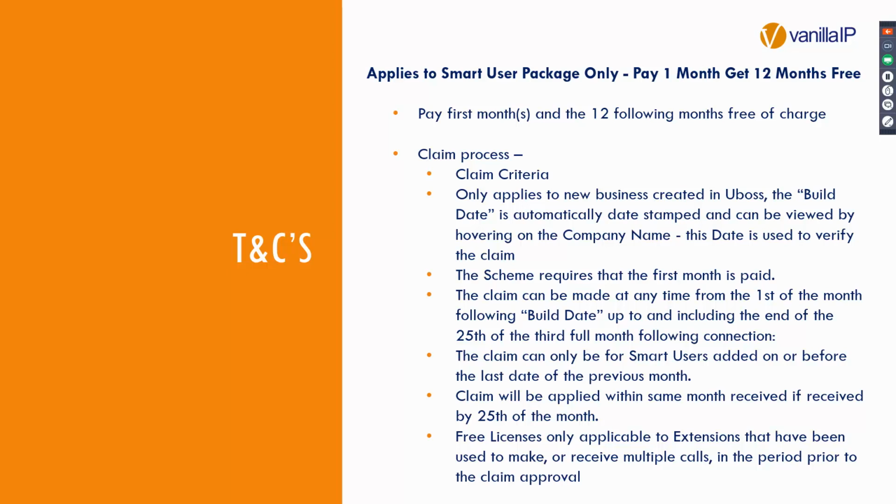Obviously when you build a customer in UBOS, the business gets date stamped, so we'll be referring back to that date stamp. The scheme requires you to pay the first month, the claim to be made between the 1st and the 25th of the month following the last connection you make, and I'll explain why I phrase it like that when I get through to my examples. The claim is only for smart users added before the last date of the previous month.